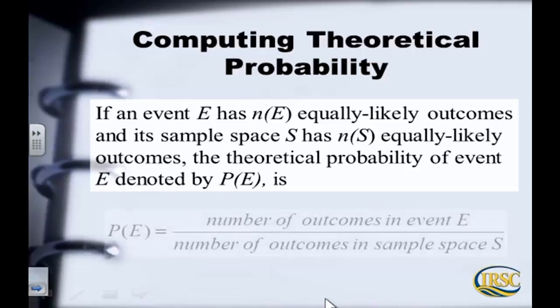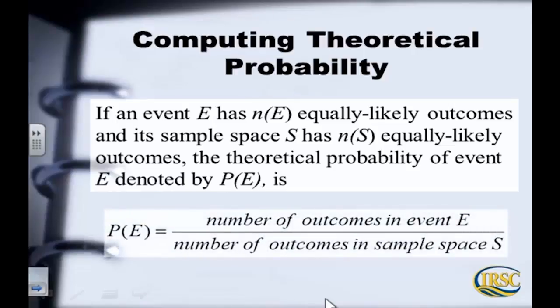Then your formula that you need to fill into your handout is the probability, P(E), the probability of E equals, you're going to create a fraction. The numerator should have the number of outcomes in the event E, or in other words, the number of ways that E can happen, over the number of outcomes in the sample space. Or you can also think about it as the number of total possible things that can happen.